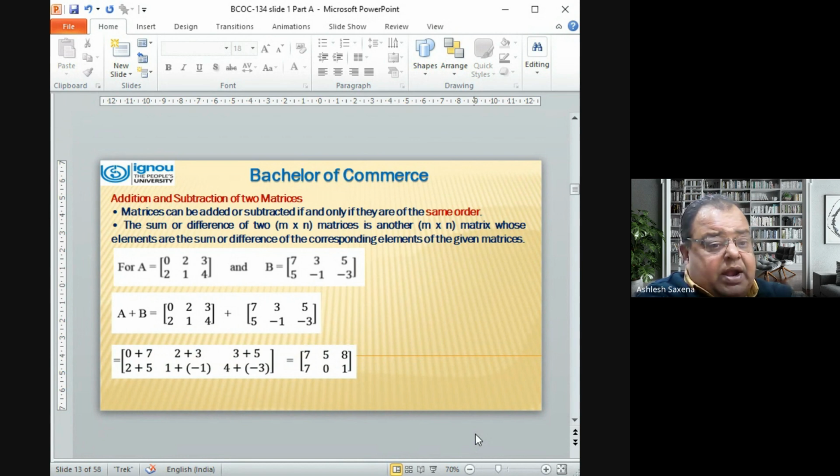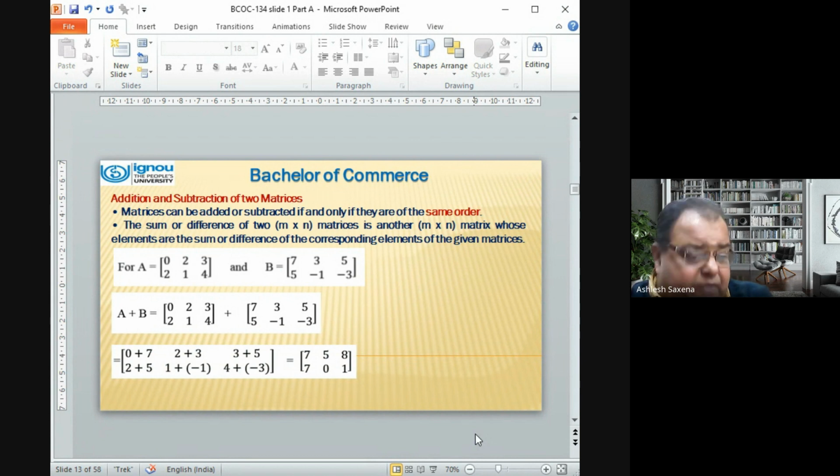Now we have to add. When adding is done, the first element of matrix A will be added to the first element of matrix B. You can see that 0 will be added to 7. Similarly, 2 will be added to 3, and 3 will be added to 5. In the second row, 2 will be added to 5, 1 will be added to -1, and 4 will be added to -3.